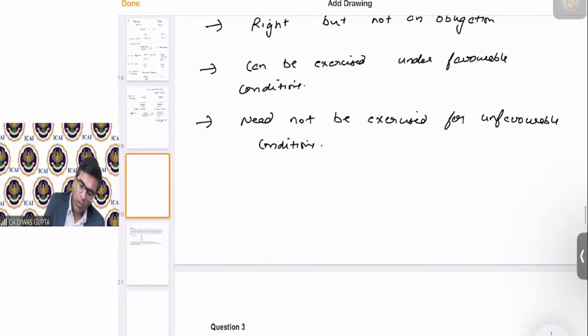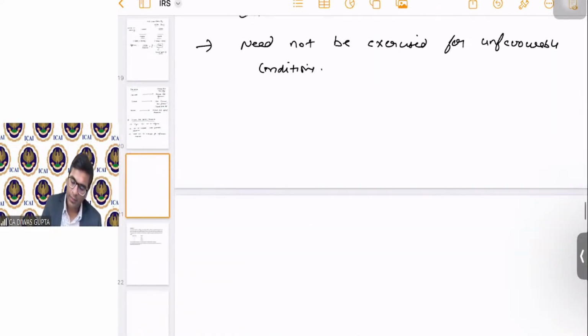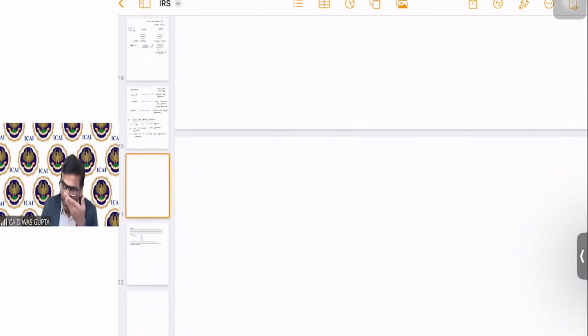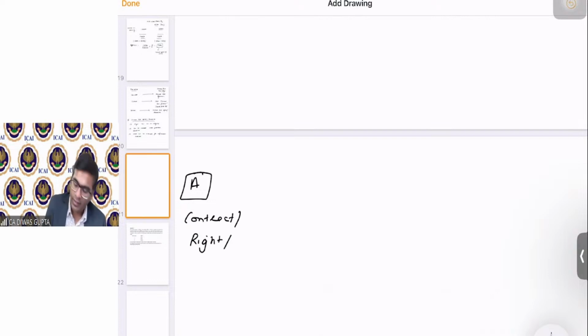Okay. And we can understand this in very simple terms. Let's say A is a financial contract, right? So we were saying that this is a right, or a privilege, but not an obligation.